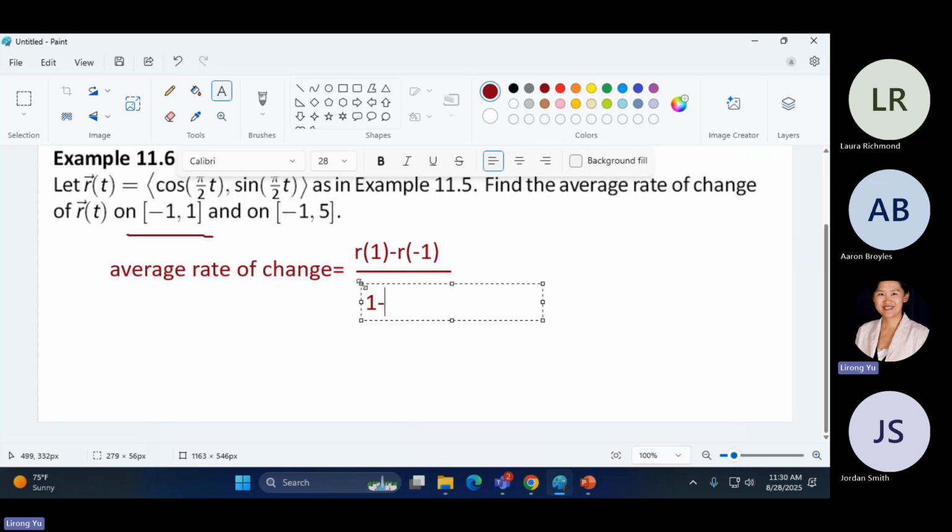The denominator is clearly 2. For the numerator we have to finish calculating the two vectors.